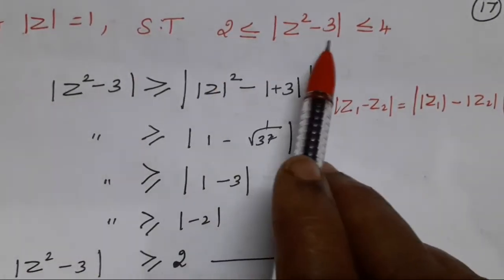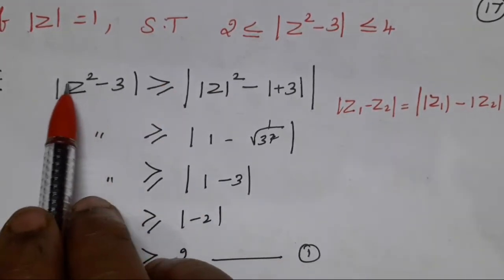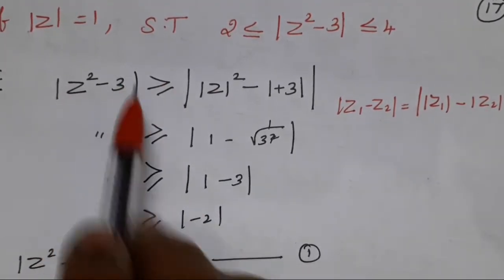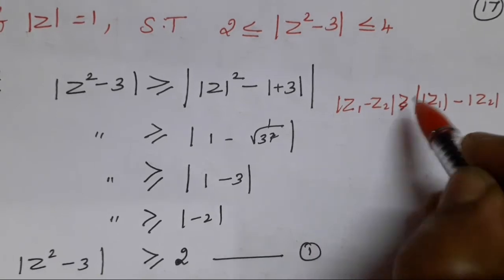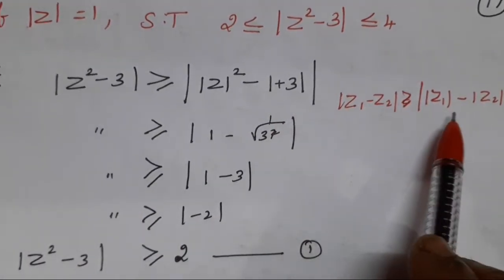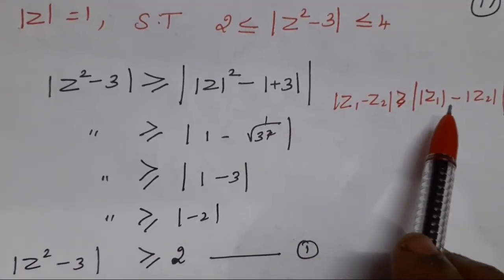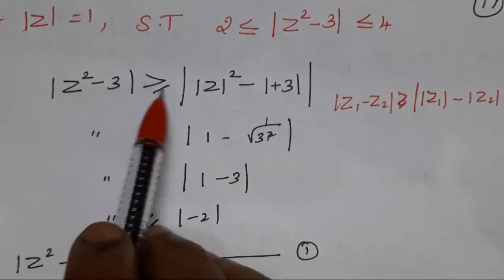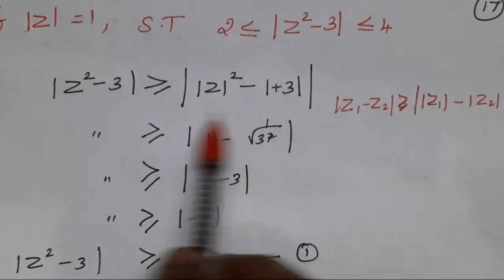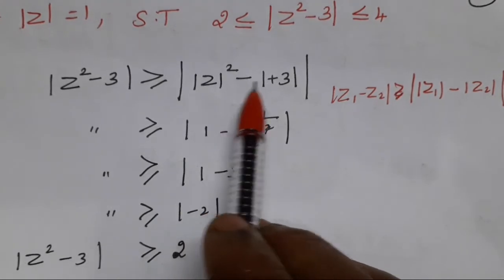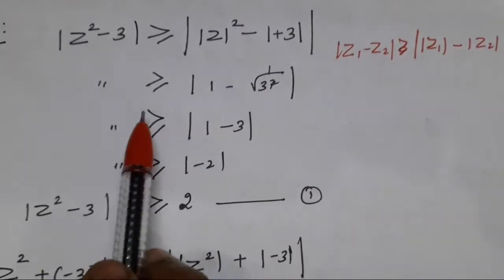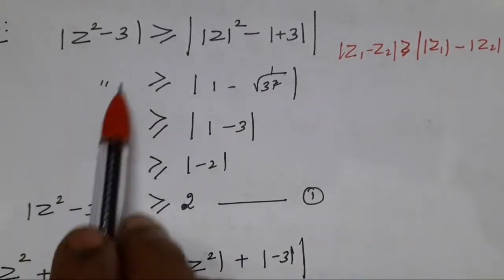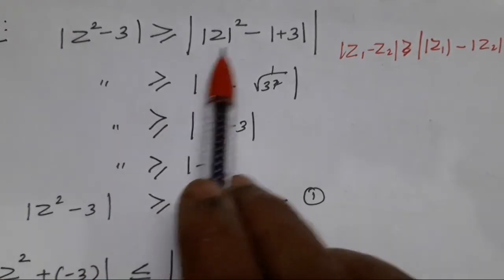So you take in the first one the negative sign, modulus of z square minus 3 greater than or equal to, not equal to, greater than or equal to. Minus means greater than or equal to, plus coming means what? Less than or equal to. So modulus of z square minus 3 greater than or equal to double modulus of z square minus modulus of 3. Again the same, I will write it: modulus of z square minus 3 greater than or equal to modulus of z square.